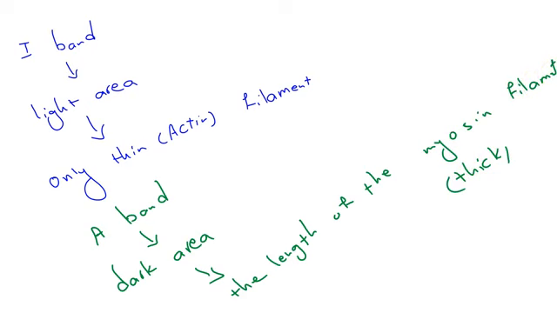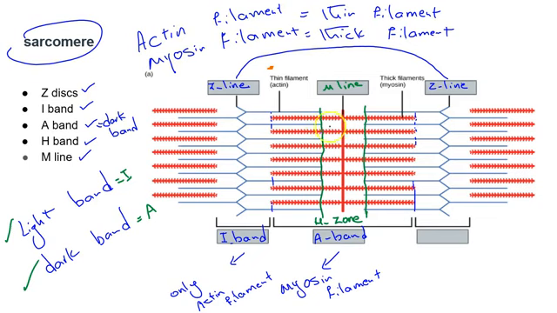Okay. So as you can see here, where we have the A band, there are some regions where we have overlap between thin and thick filament, and there is an area where only myosin filament is going to be found. There is no actin, we have only myosin filament. That is called the H zone.